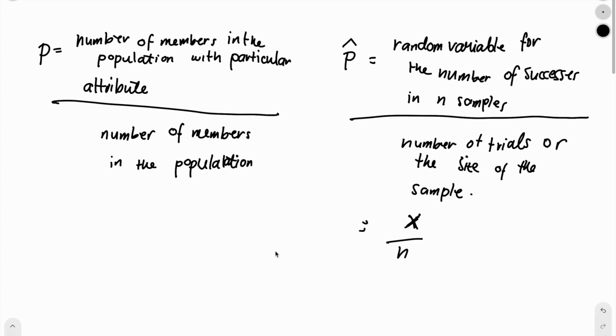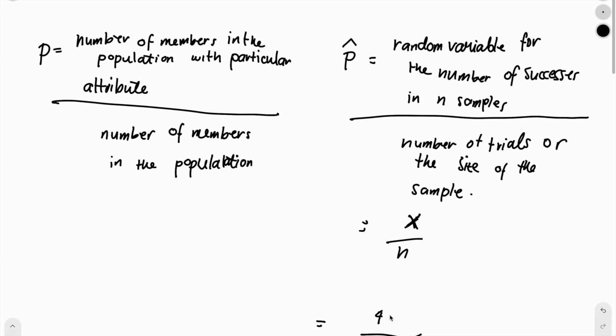Okay, let's say the number of senior citizens is 500. This is the total number of senior citizens in Japan. For example, out of this, how many own a cell phone? Let's say that is a success, because they own a cell phone.